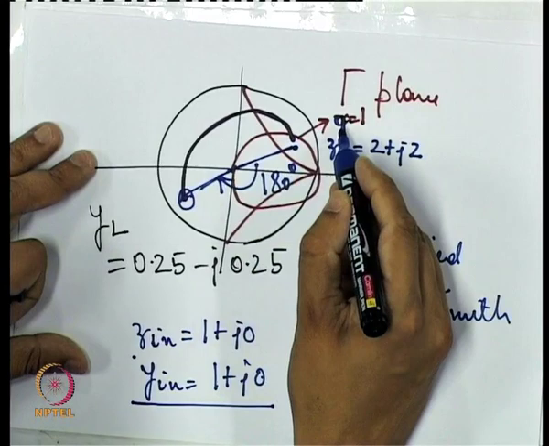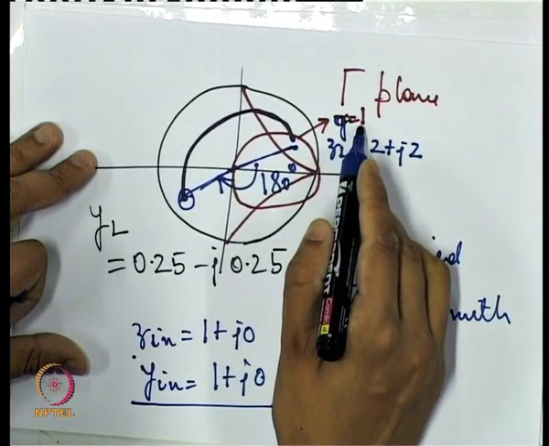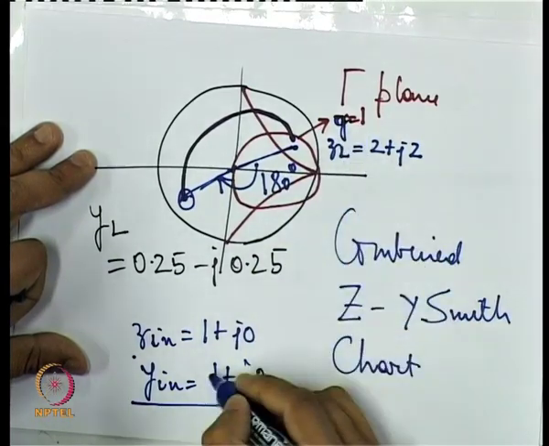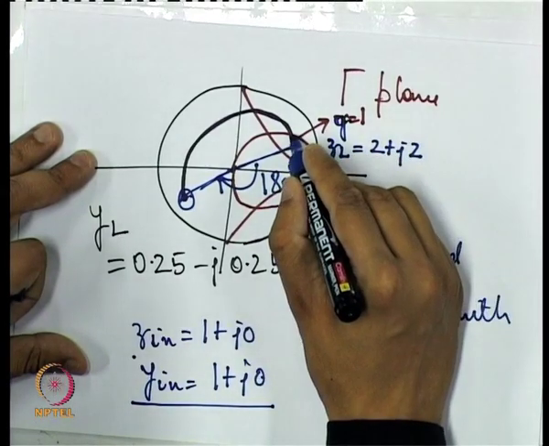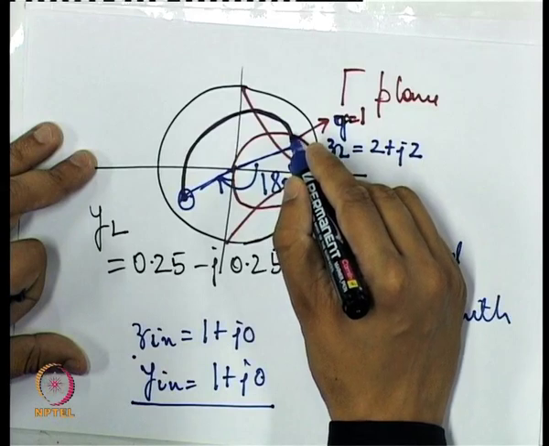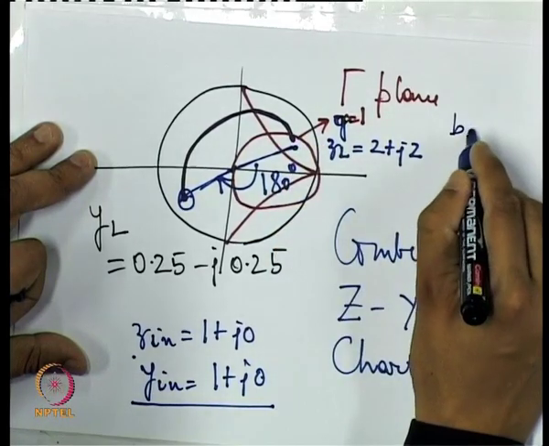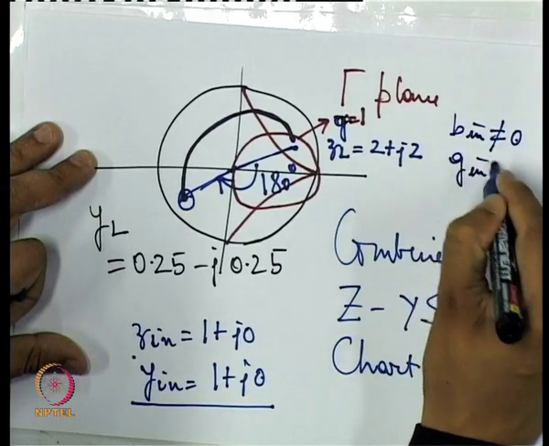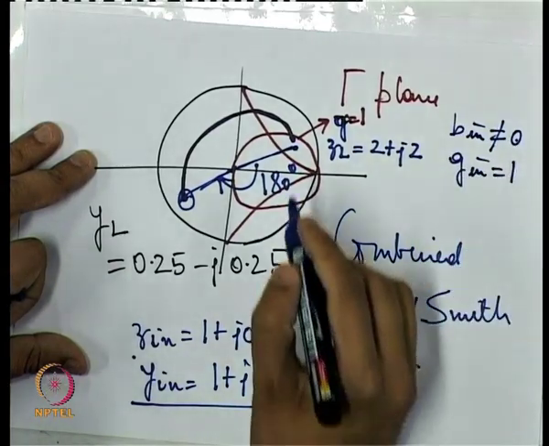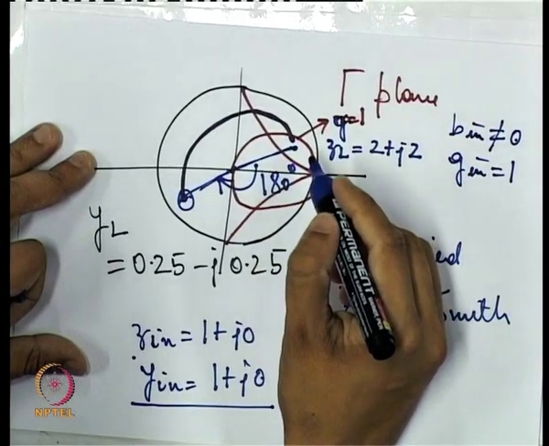You have already achieved the G equal to 1 point. So the G condition is satisfied, but this point does not necessarily correspond to zero susceptance; that is, B in may not be equal to 0, but G in is equal to 1. How can I make B in equal to 0?